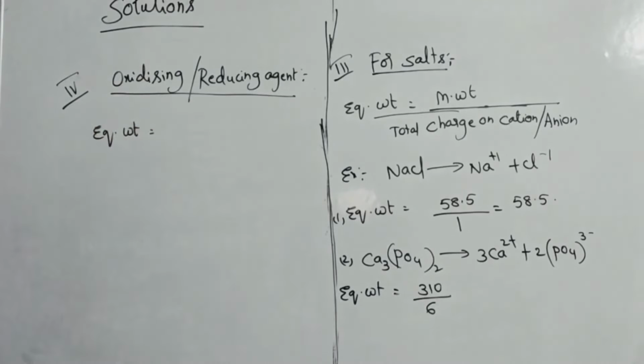Now apply in the formula: number of milli equivalents is equal to normality into volume in milliliters, which is 0.2 into 250 ml. So 0.2 into 250 means 2 by 10 into 250. 0 gets cancelled.